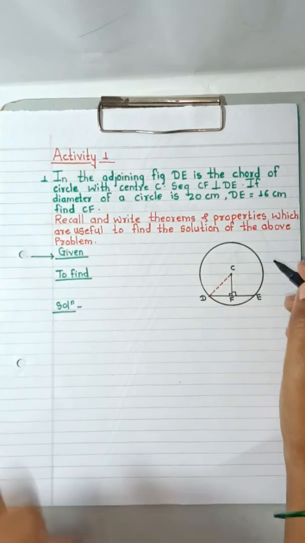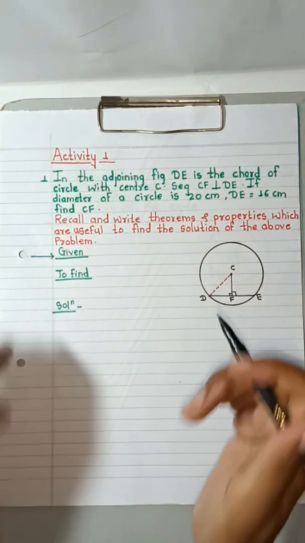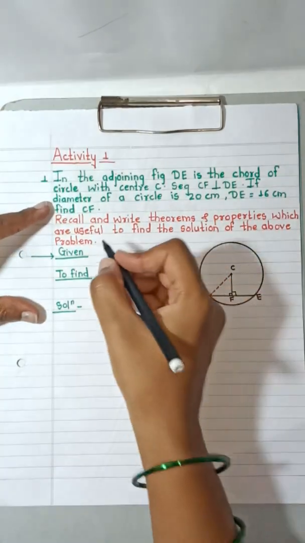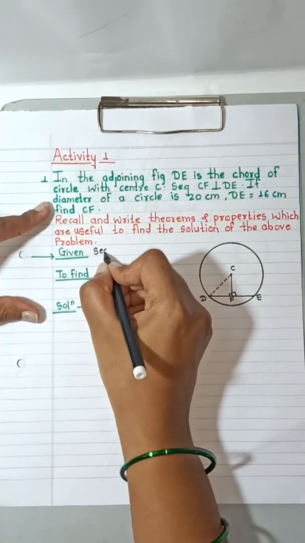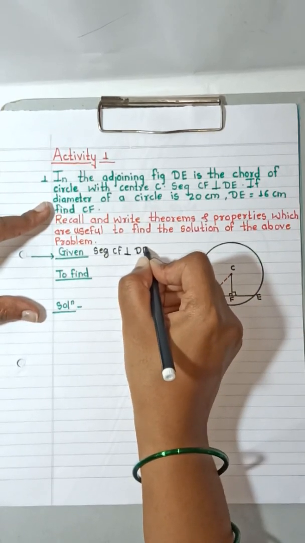Now children, first of all, let us write down what is given. Seg CF is perpendicular to DE.